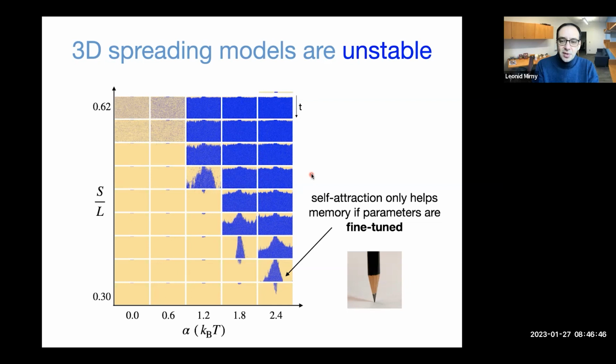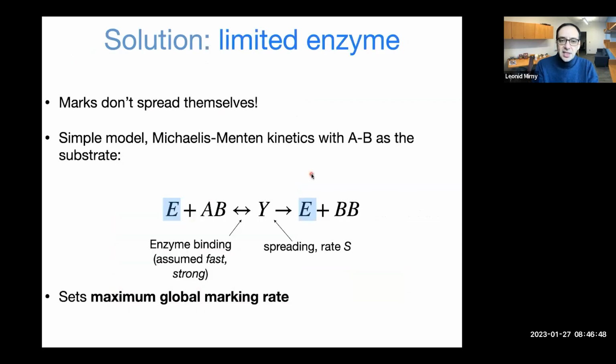And Jeremy indeed found this. It turned out to be a rather simple and very intuitive idea: marks don't spread by themselves. They require the enzyme that I told you about earlier. An enzyme catalyzes this reaction, A to B. If you write it in a Michaelis-Menten type fashion, there's going to be some intermediate state, and then the enzyme is released back and you get the two marked histones.